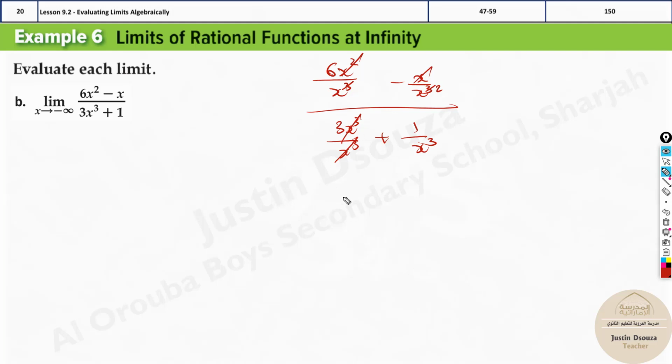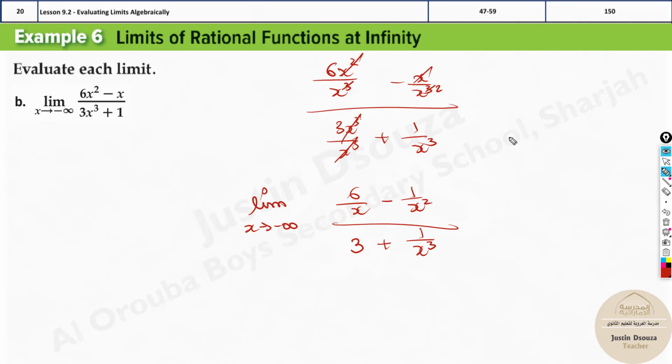So now let's simplify them and write the limit. Don't forget the limit as x tends to minus infinity. Now 6 by x minus 1 by x squared, divided by 3 plus 1 by x cubed. Now we will apply the limit. We can apply the limit individually to each term.